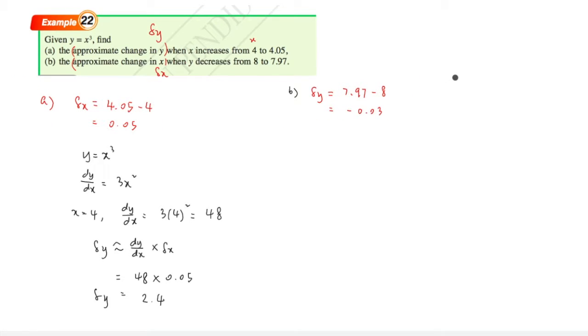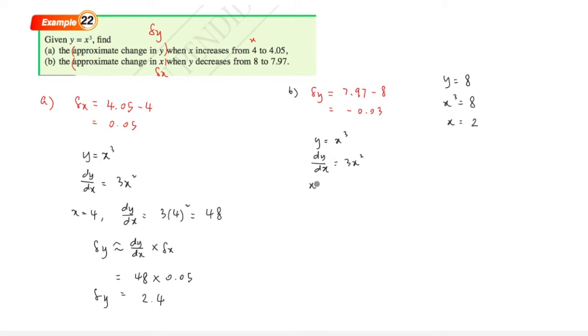When y equals 8, y is x power 3. So here x power 3 equals 8. Now x equals positive 2, taking the cube root. So when x equals 2, use the same formula. Again, y equals x power 3, dy/dx equals 3x squared.